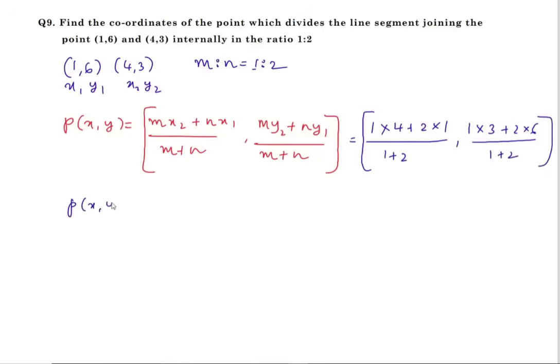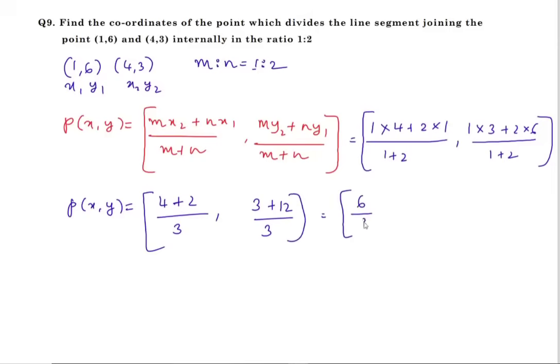P of x comma y equals 1 into 4 is 4, 2 into 1 is 2, whole divided by 1 plus 2 is 3, comma, 1 into 3 is 3 plus 2 into 6 is 12, divided by 1 plus 2 is 3. 4 plus 2 is 6 by 3, comma, 3 plus 12 is 15 by 3.